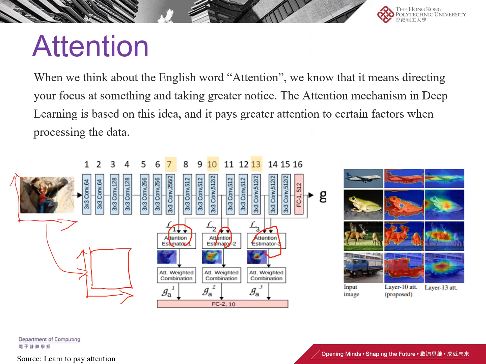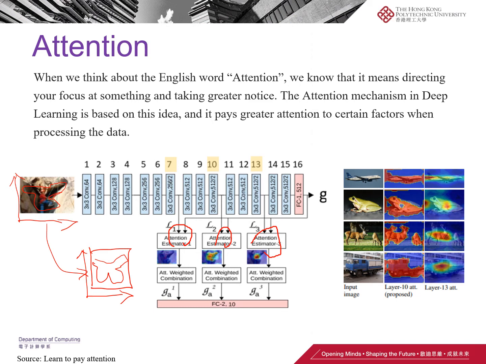That's the reason that if we apply the filter on the spatial dimension of the feature map, the corresponding part will be augmented relative to other parts. So this is the idea of the attention mechanism, but right now it's on the spatial dimension.